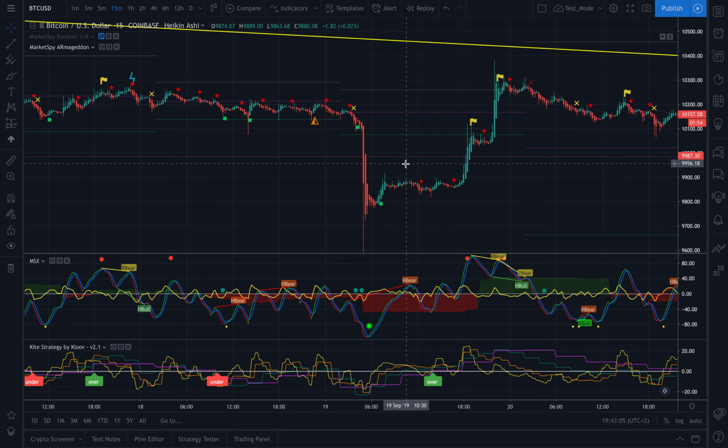So long trades I take with 5x leverage. Short trades I take with 10x leverage. You can use this simple rule: if you go against the overall trend direction, if you're trading the bounces against the trend, use 5x.